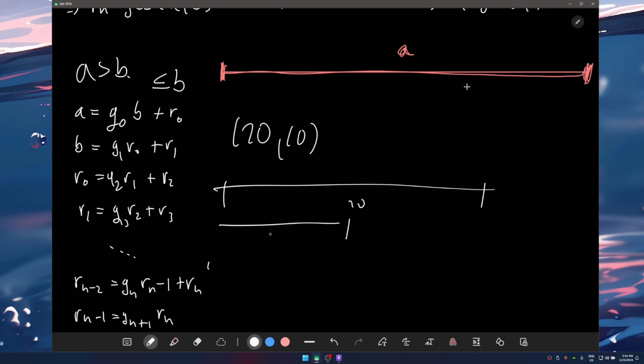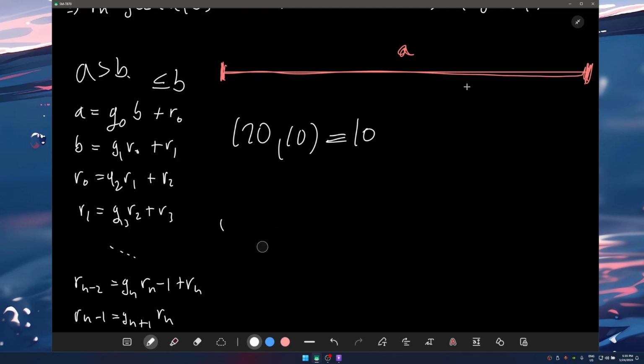And then B fits 2 times, so it fits perfectly, which implies that B itself is the greatest common divisor. Now our answer is 10, because 10 divides 10 in here, and 10 divides 20, fills it up perfectly. So if B divides A, then we're just done, it's just B. Because here you would get A equals Q0 times B with 0 as a remainder, and B would be the GCD.